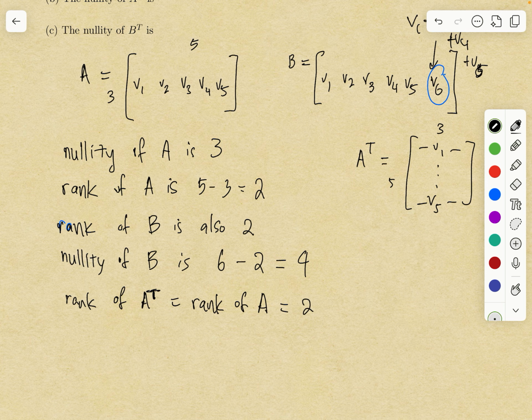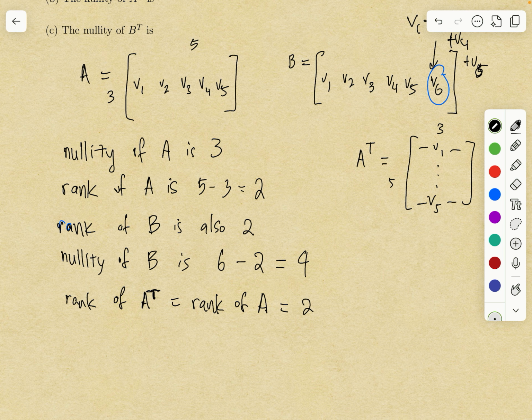Now, why is the rank of A transpose equal to the rank of A? Well, it depends on how you're defining the rank of a matrix. But if you think about the rank as the dimension of the column space of A, say, one of the important facts is that the column space and the row space have the same dimension. Now, if you take the columns of A, what happens when you form A transpose? What happens to those columns?